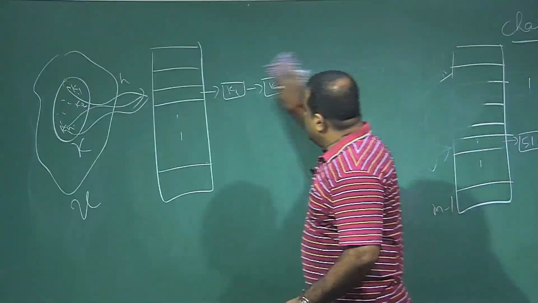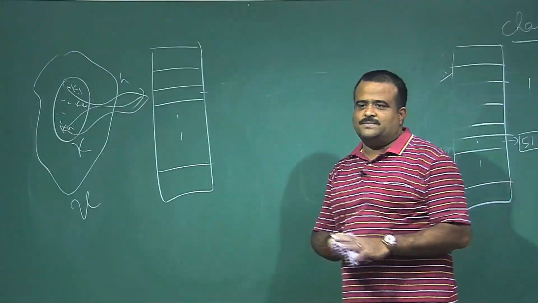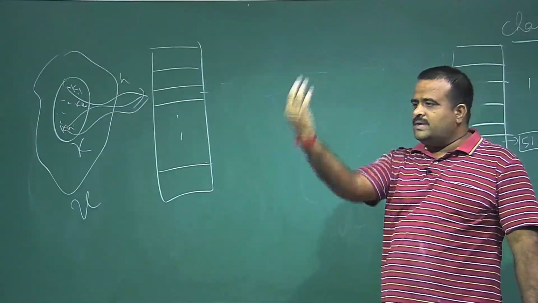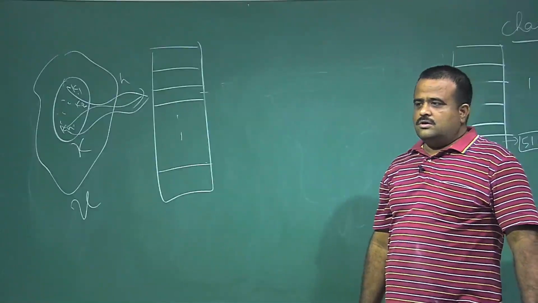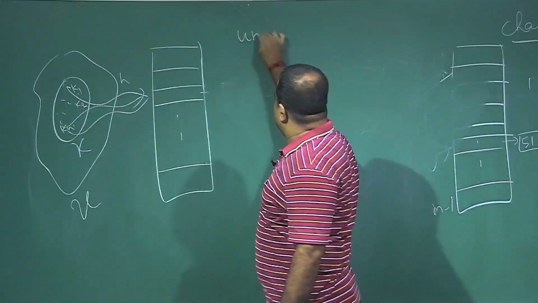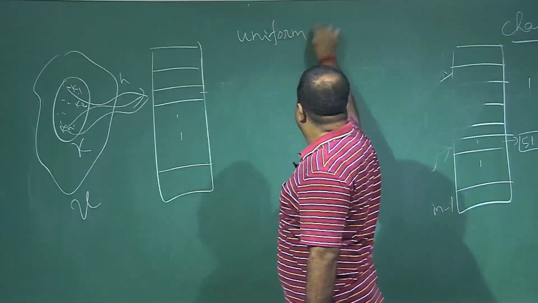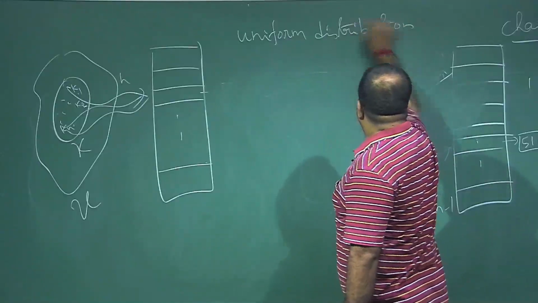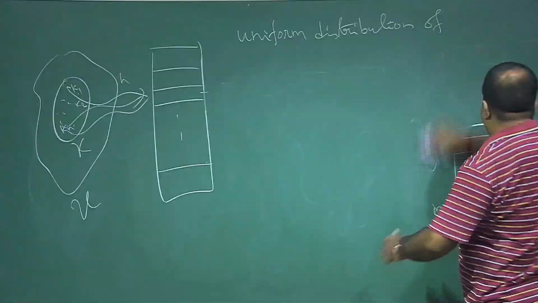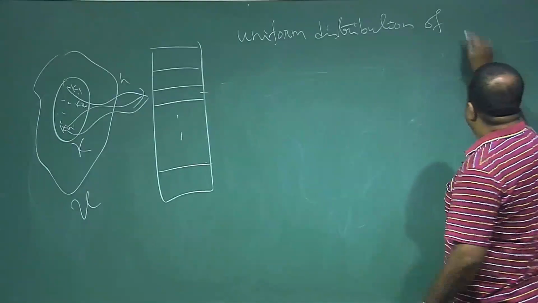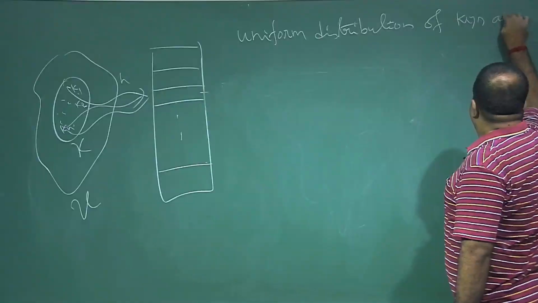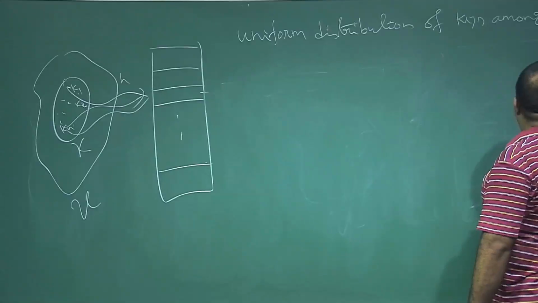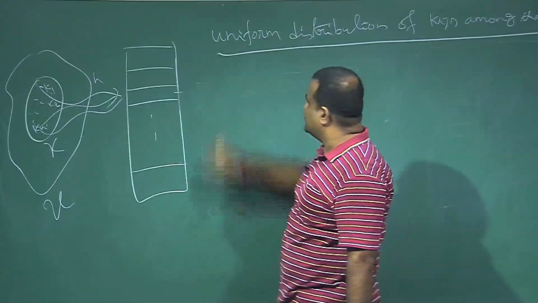But if we assume our hash function is a good hash function, in the sense that it will distribute the keys uniformly among the slots, some sort of uniform distribution of the keys among the slots, then we call our hash function a good hash function.